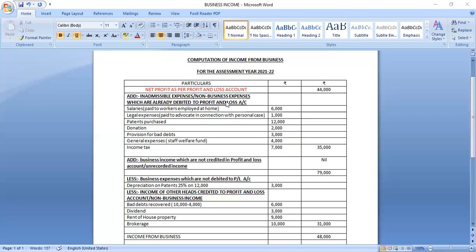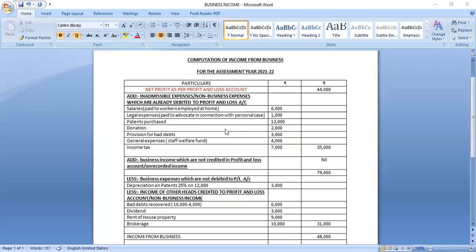The first is salaries. Salaries is an admissible expense, but see the other information given in the big A. Salary includes 6,000 paid to workers employed at home. That is not allowed because you're paying salaries personally to workers employed at home.